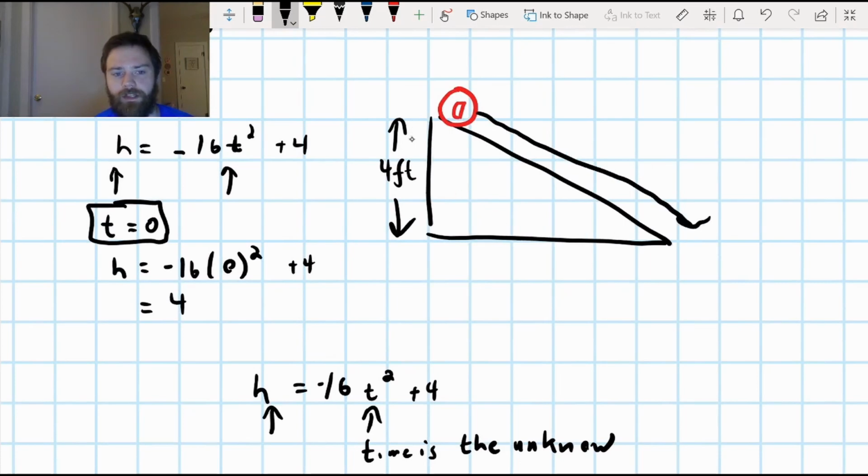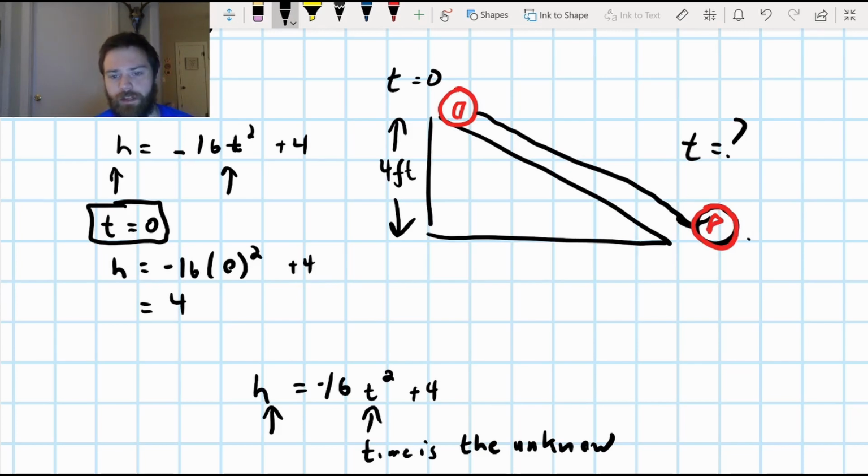So at t equals 0, the ball is 4 feet in the air. But at some unknown time that we're going to solve for using some algebra, this ball is somewhere down here on the floor. He's moved. I'm going to keep that color, keep it consistent. So when the ball is on the floor, the question is how far is the ball from the floor when it's on the floor?